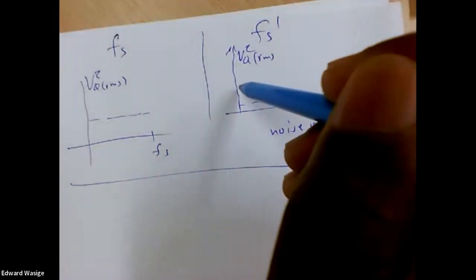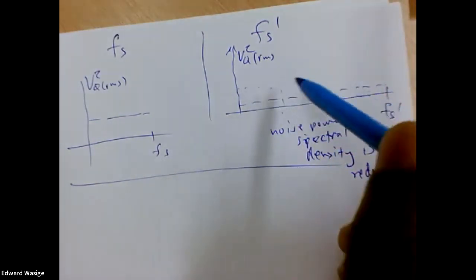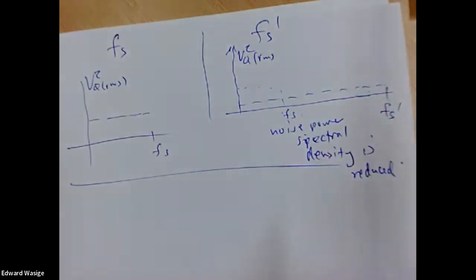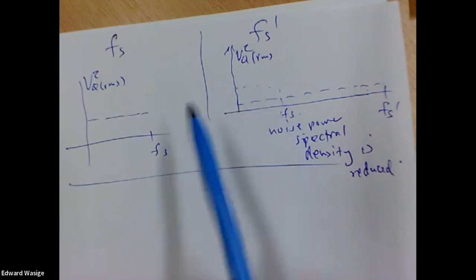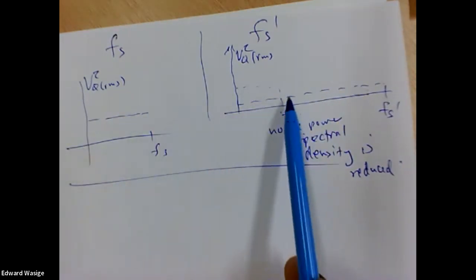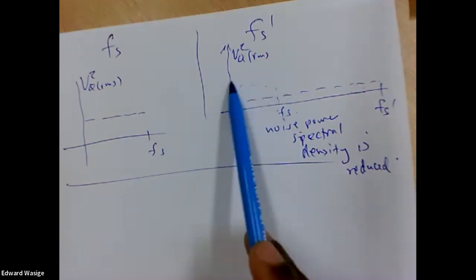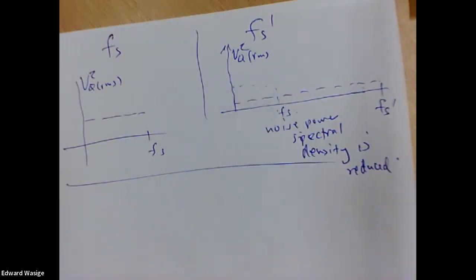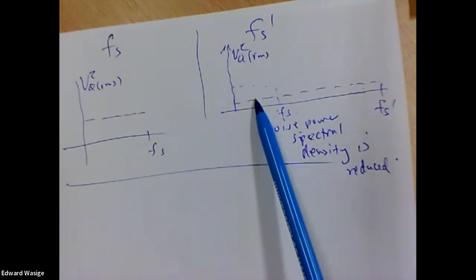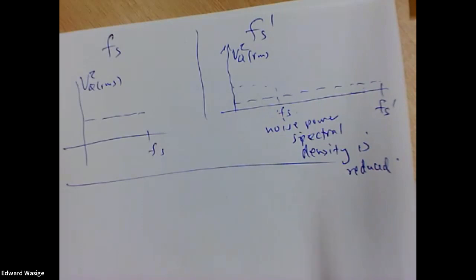But we know that our signal exists, our baseband signal. If we are to compare this with the Nyquist rate, we can have a filter that eventually only allows this to pass through, and therefore the effective noise here is reduced.